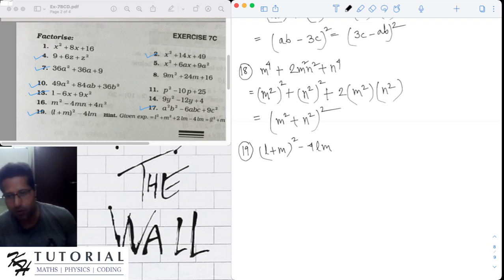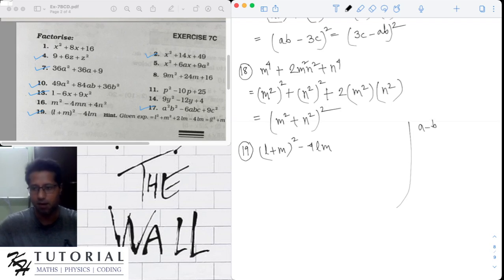Now you might be tempted, as per my previous discussion, that a minus b can be expressed as a difference of two squares, that is square of root a minus square of root b, and there is nothing wrong in it. This is fine. This will be equal to the product of root a plus root b and root a minus root b. This is fine.